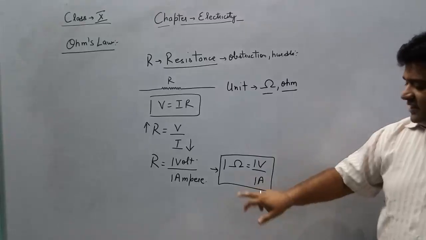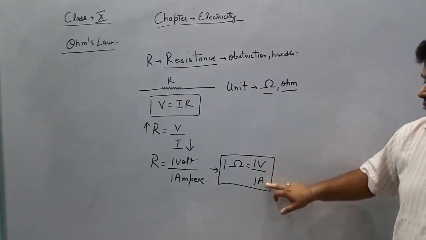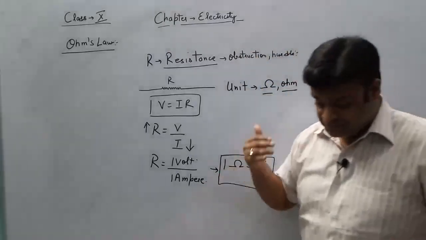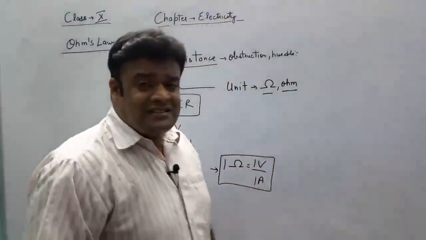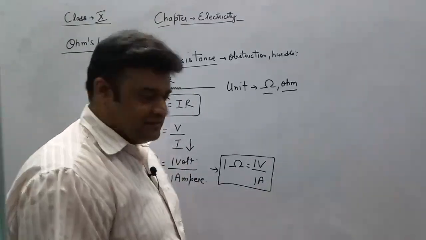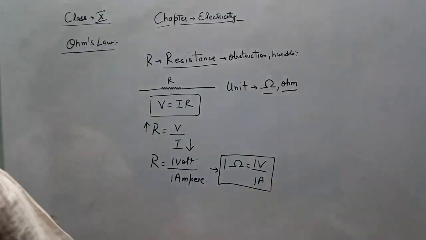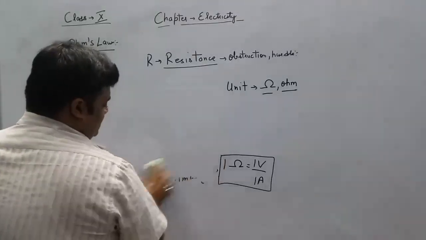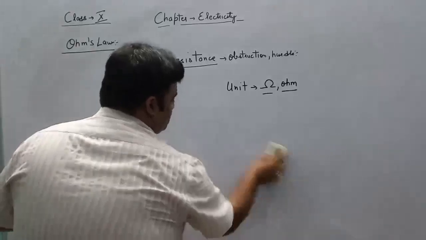Or simply we can write 1 ohm is equal to 1 volt upon 1 ampere. So this is resistance. Now we'll discuss on which factors resistance depends, or which factors affect resistance in the circuit.